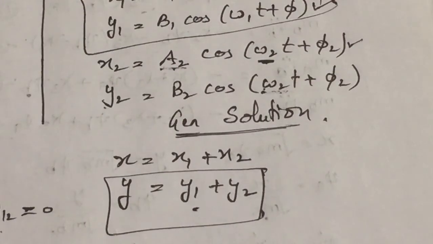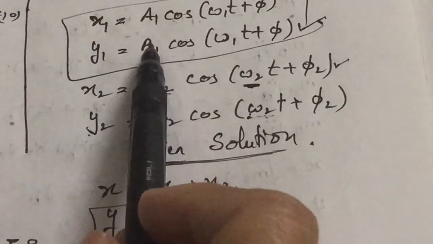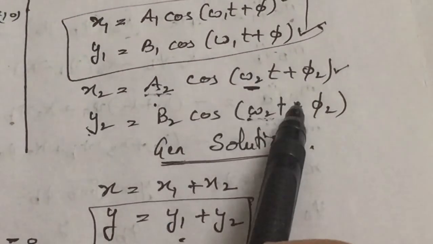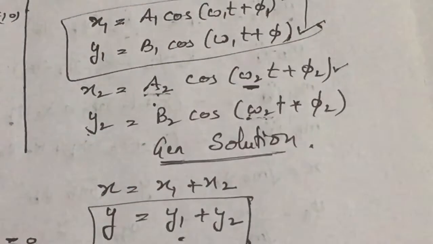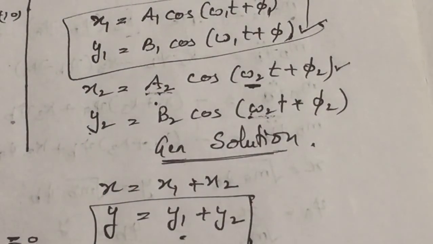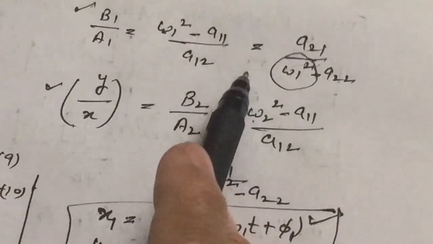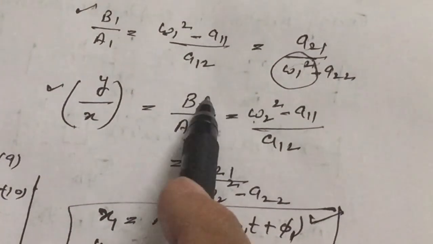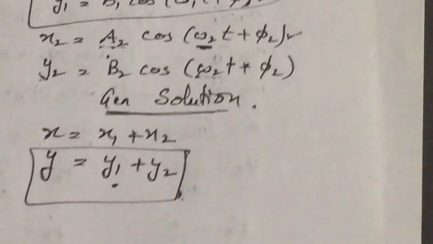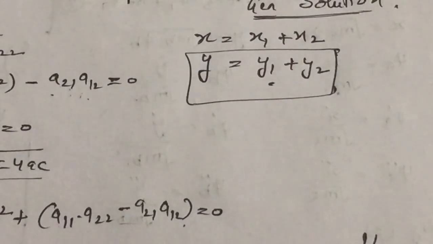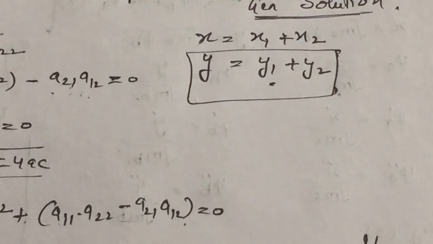Here the unknown factors in the above four equations are a1, a2 and phi 1, phi 2. Because only these are unknown, if we know a1 we can easily find b1 by using our above expression. Similarly, if we know a2 we can easily find the motion of the second particle, if we know in which mode, first or second simple harmonic motion, the system is moving.